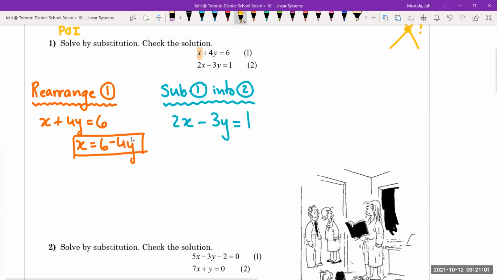And you're literally taking this equation and substituting it into this x right in here. So this is going to become 2(6 minus 4y) minus 3y is equal to 1.